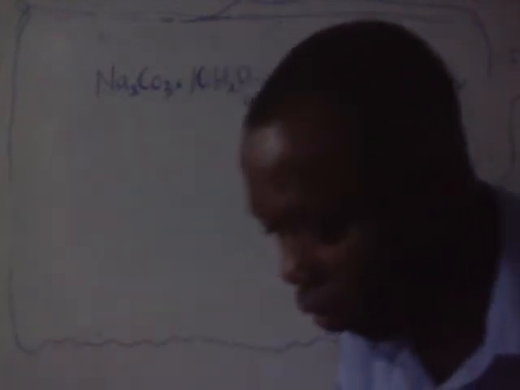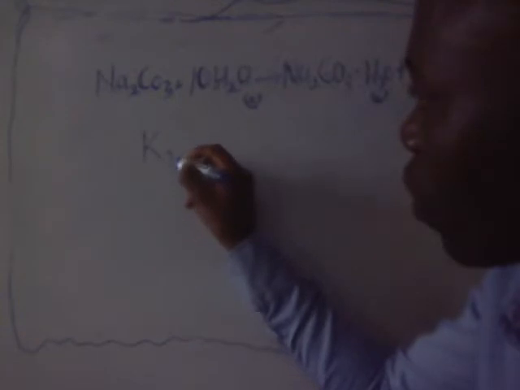Let's look at them again. The type of bond that exists between potassium and oxygen in potassium oxide is, look at potassium oxide. This is potassium oxide.